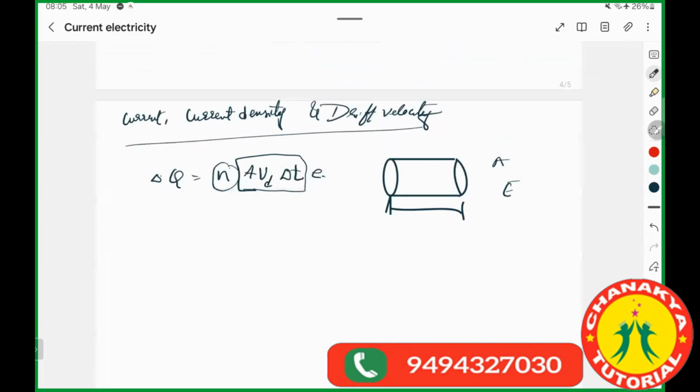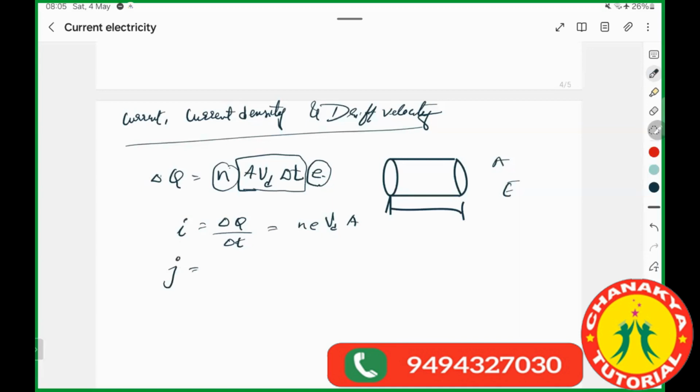And for one electron we should multiply by the charge of electron, e. So delta Q equals this, or let's write directly for current. We need current, right? I equals delta Q by delta t, and t will get cancelled. So I equals n e v_d A. That is your final form.